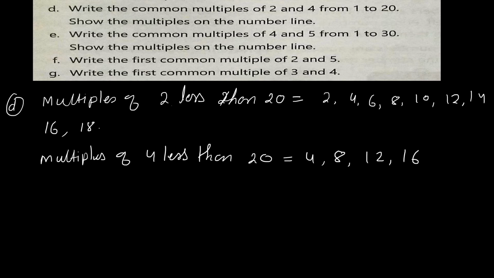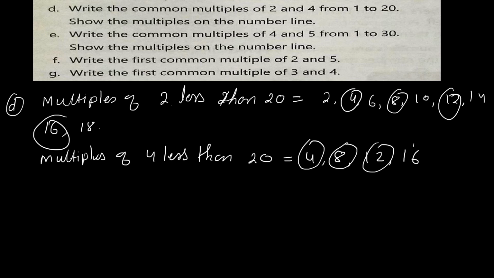Okay, less than 20. Now here we need to find out the common. So this 4 is common, this 8 is common, this 12 is common, and this 16 is common. Got it? Now show the multiples on the number line also.